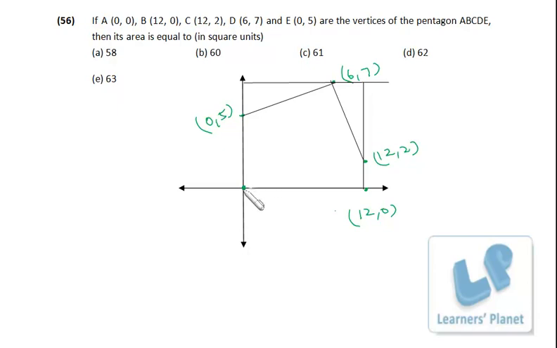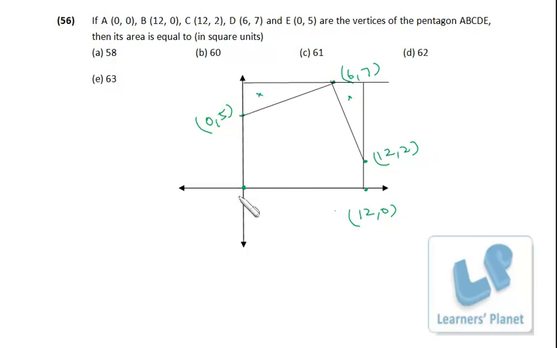I can find out the area of this rectangle and then deduct the area of this triangle and this triangle. So I'll be able to get the area of this pentagon, right? Now for that you should be able to mark these points very smartly, very carefully, I can say. Now this entire length is 12 and this entire height is 7, right?